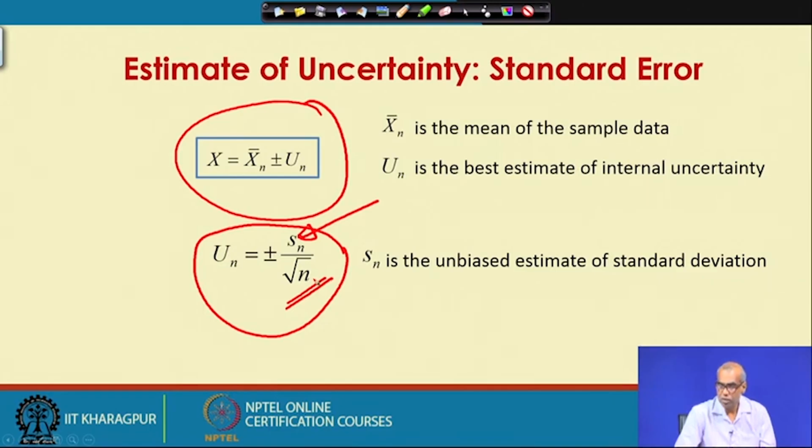So, an estimate of standard error or uncertainty is the standard deviation divided by the square root of the number of observations, and then the measured value will be expressed as the mean value plus or minus u n, which is the best estimate of the internal uncertainty, and can be represented as the standard deviation divided by the square root of the number of observations.